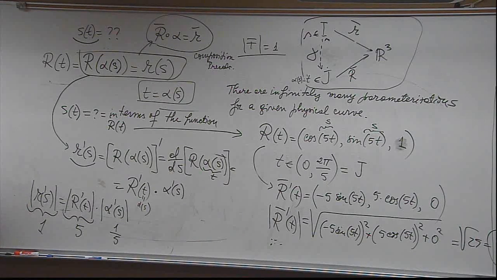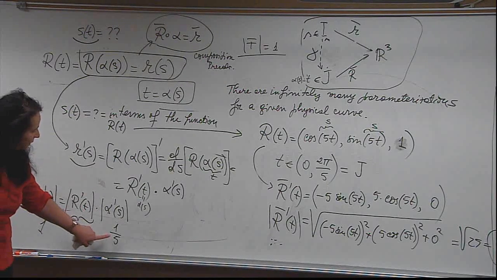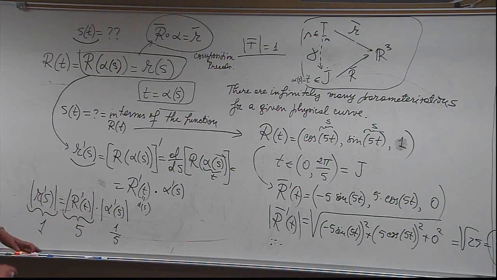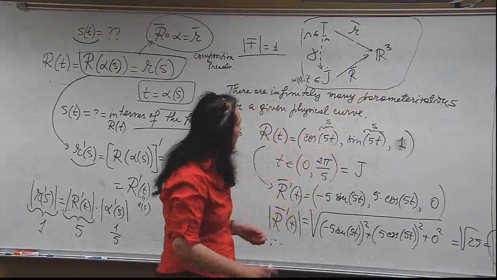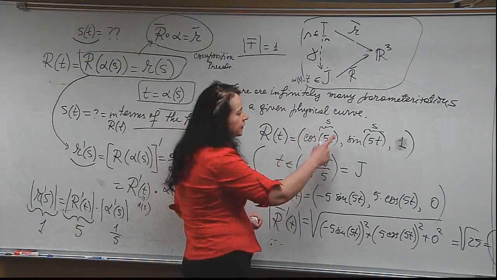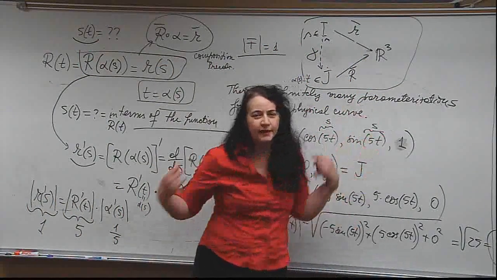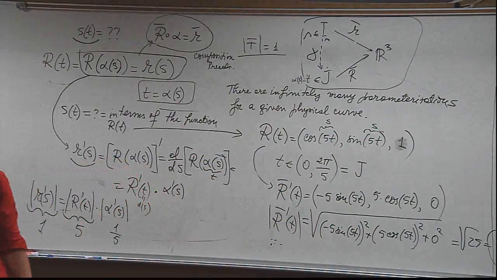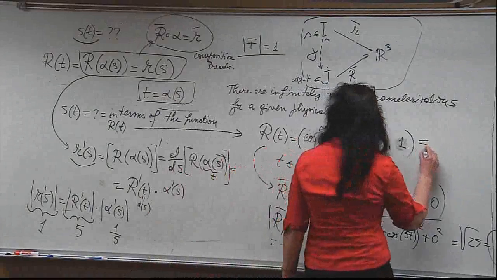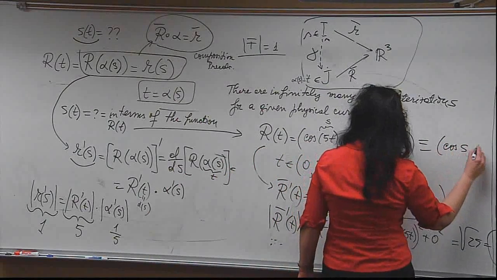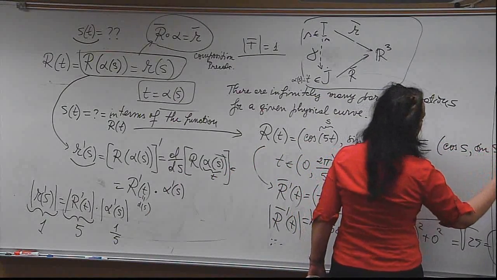This was our assumption. So we could have gotten that much faster, saying, oh, well, forget about this diagram that you introduced, and it's also in the book. Simply take 5t to be s, 5t to be s, then I get my old friend, the arc length parameterized curve. So this is the same as cosine of s, sine of s, and 1.